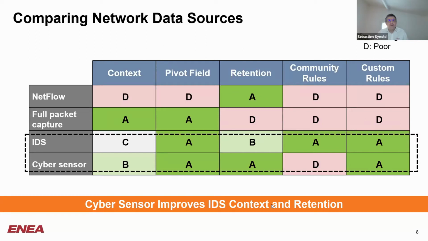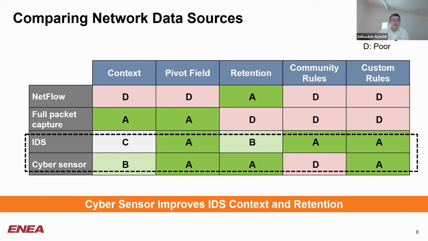And the last two columns are the security rules, which can be split in two parts. The community rules that are open and provided by the community, and the custom rules that are proprietary and, in a way, secret and not accessible for any user.